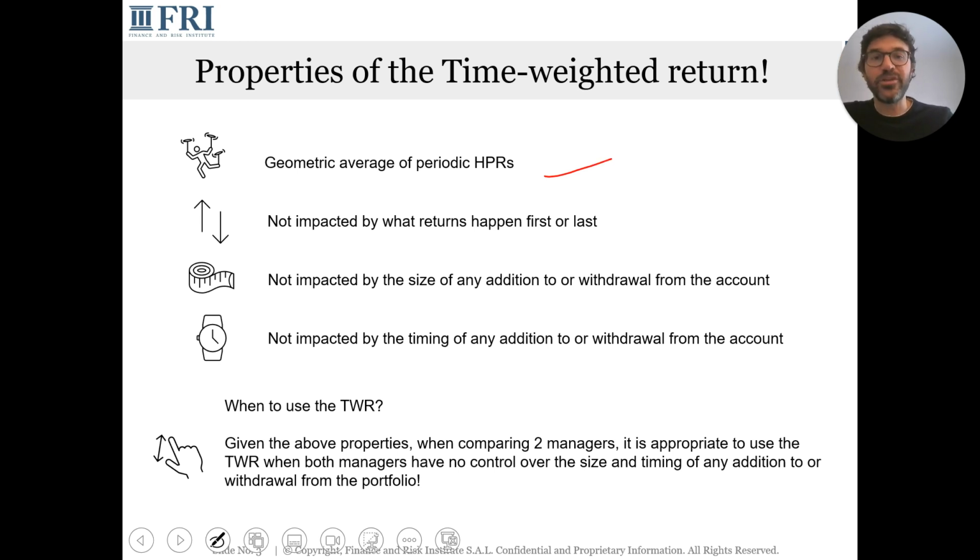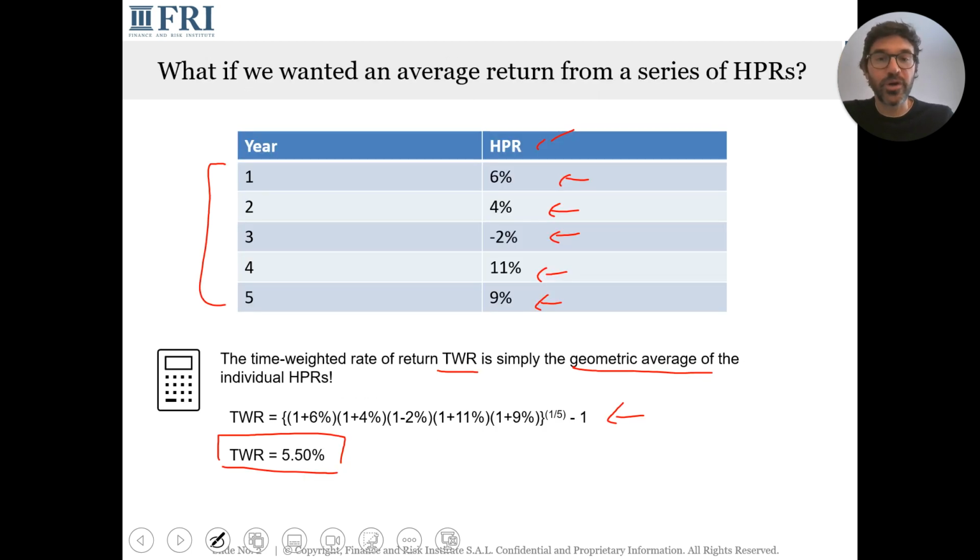We have already established that it is the geometric average of periodic holding period rates of return. Now, the three next points are extremely important. The time-weighted rate of return is absolutely not impacted by the order of the holding period rates of return. In other words, it doesn't really matter which return occurred first or last.